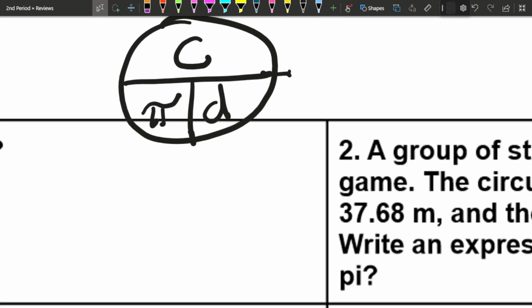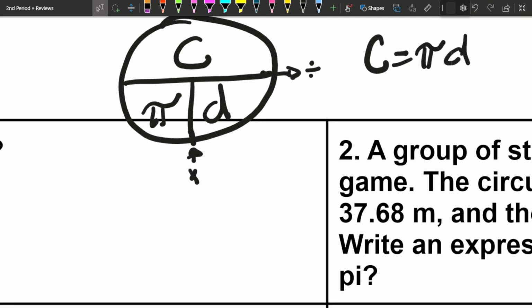So this line represents what? Diameter. But what type of operation is that? It's a division. Very good. And this line right here represents a multiplication. And I told you, this is basically the formula, C equals pi times diameter.